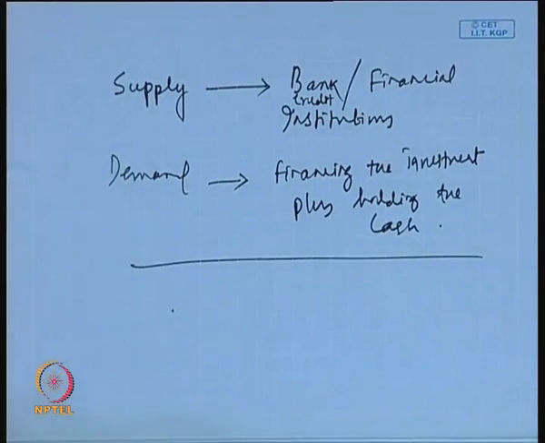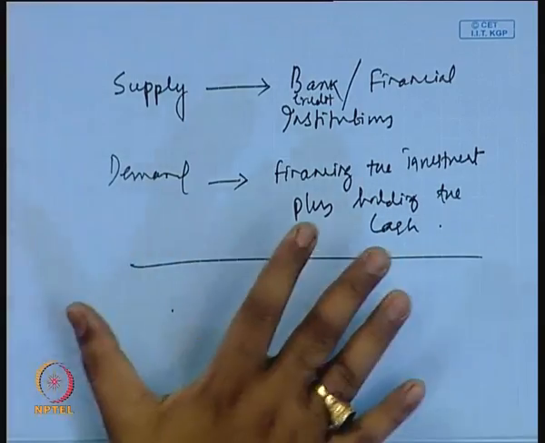So, here the emphasis has been put more on banks and financial institutions. Apart from talking about total savings, the loanable fund theory says that the supply side basically comes from banks and other financial institutions in terms of their credit.